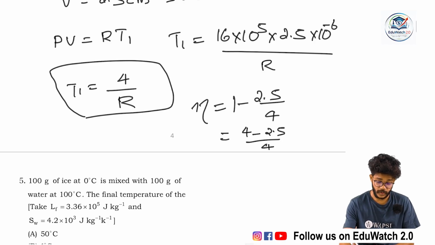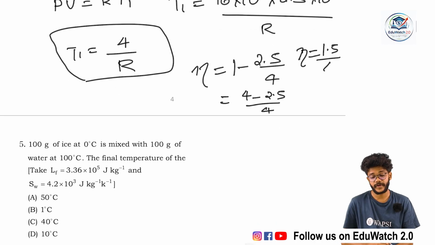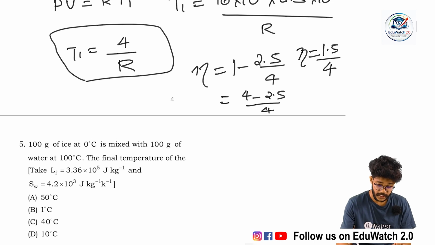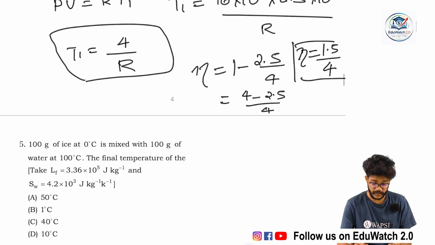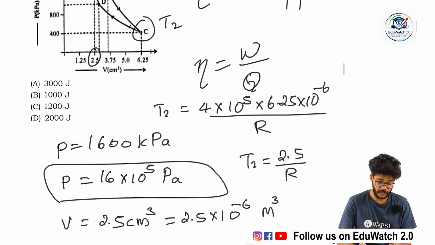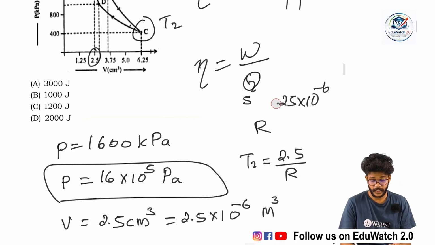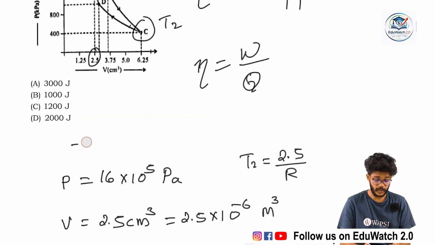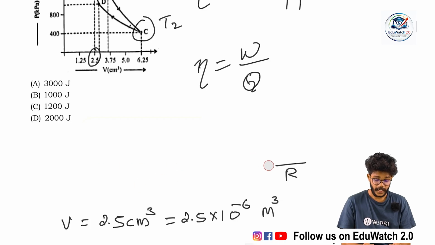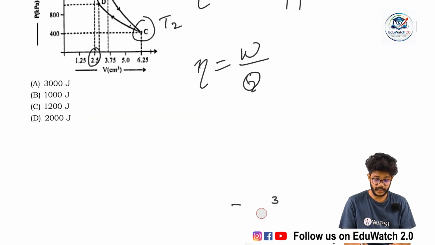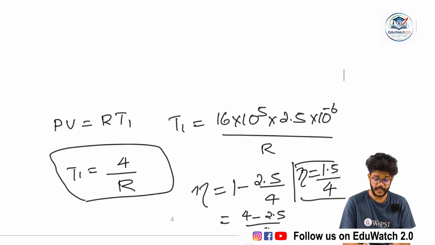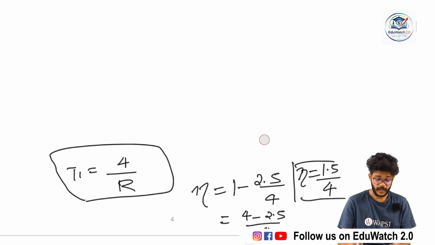So eta is equal to 1.5 divided by 4. Then we want to substitute that value inside eta is equal to work by Q. Q is given inside the question, and work we need to find.